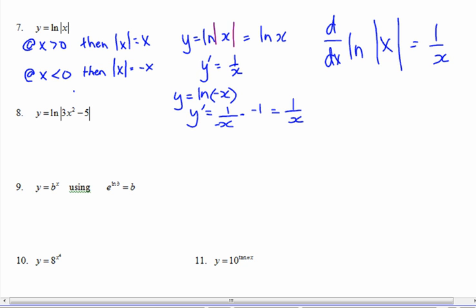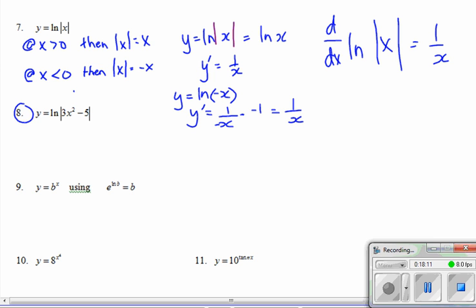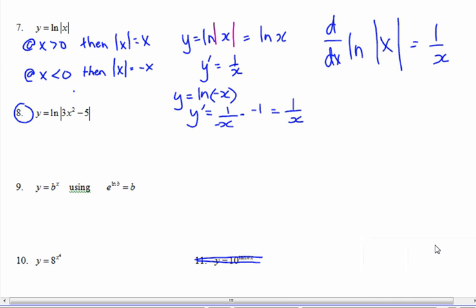Okay, I want you to try 8. Give 8 a shot. Guys, give a try on number 8. Why doesn't the absolute value matter in this function? Yes. It has to be positive anyways. Can you take the natural log of a negative? No. So it has to be greater than 0.